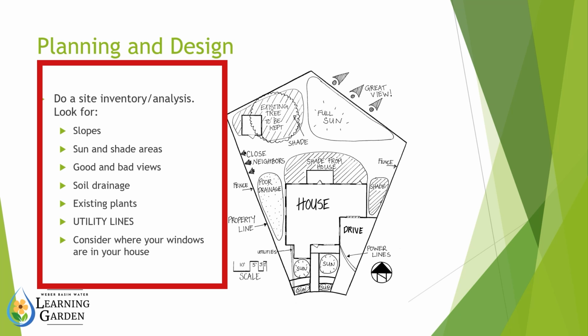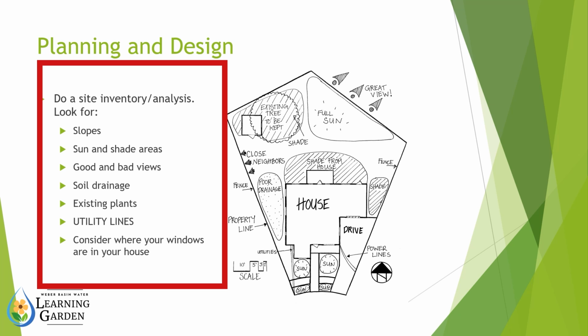Also, all of your existing plants. One really important thing is, especially in older homes that have overhead power lines or utility lines, note where those are and where they come into and connect to your house, because that will limit any type of structure or tree planting that you can use in your yard.